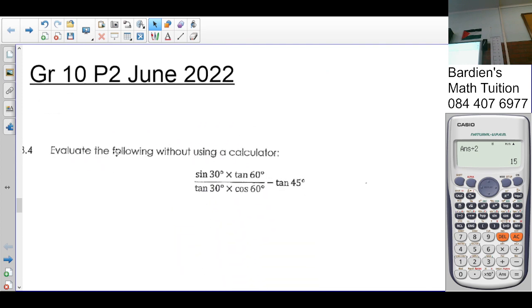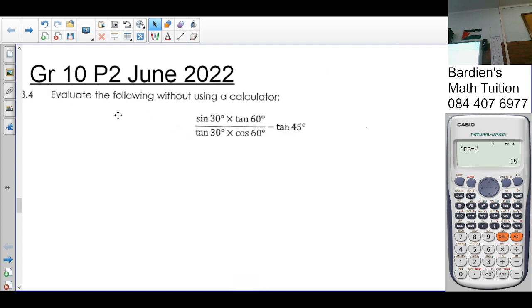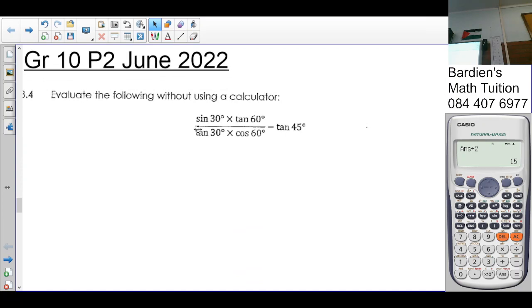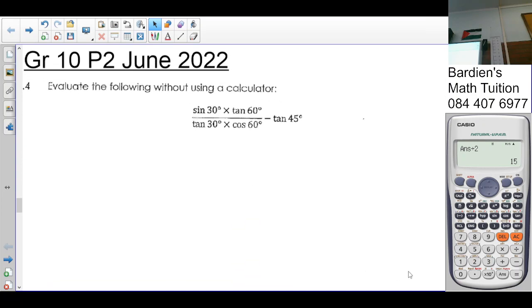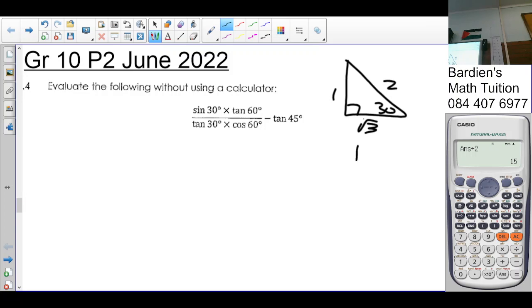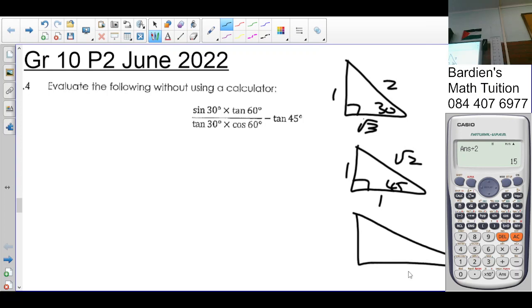3.4, it says evaluate the following without using a calculator. Okay. So if you can't use a calculator, what would we be using? Special angles. So special angles as follows: that's your 30, 1, 2, root 3. 45 degrees is 1, 1, root 2. 0, 90, 90.